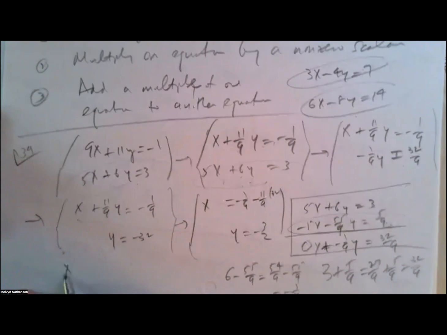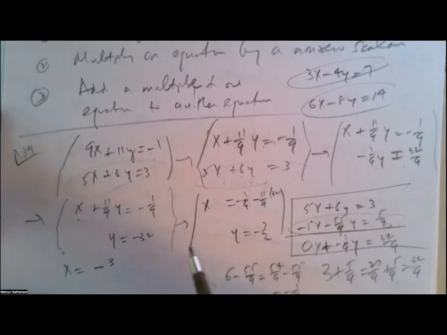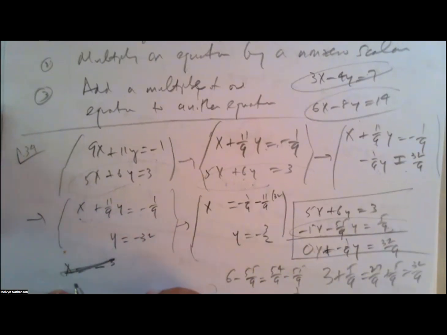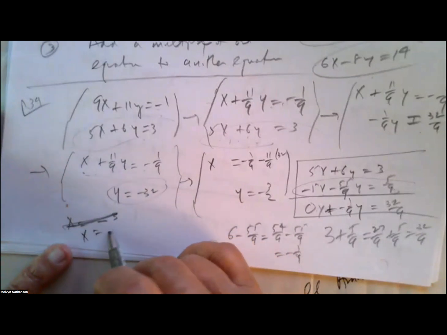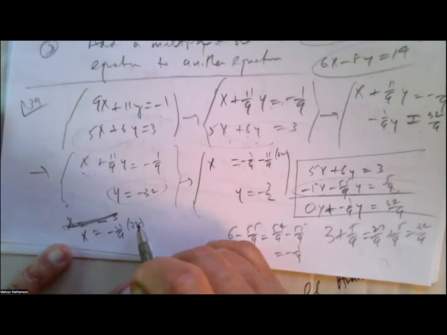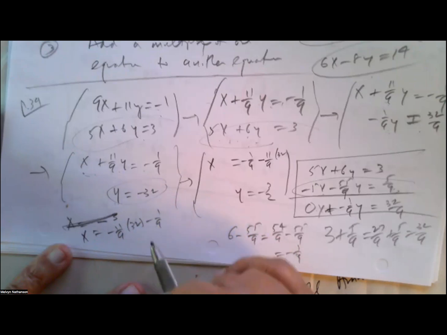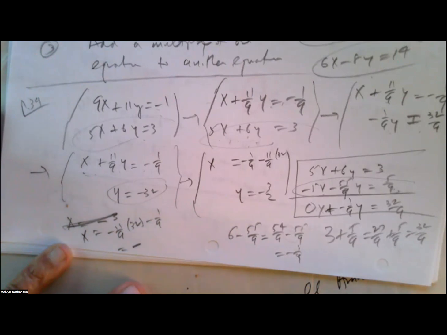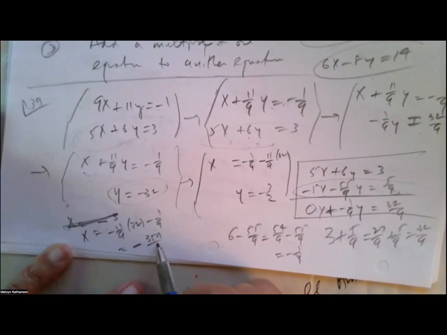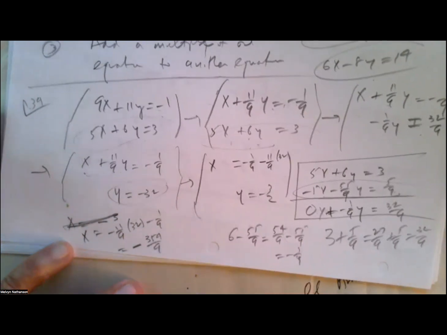So y is -32, so x is minus 11/9 times 32 minus 1/9. So this is minus 353 minus 1, minus 354/9.